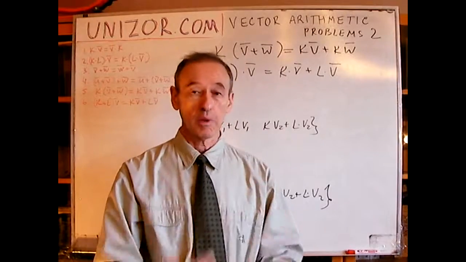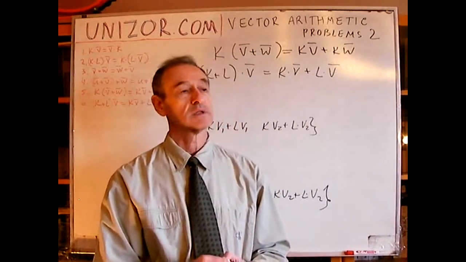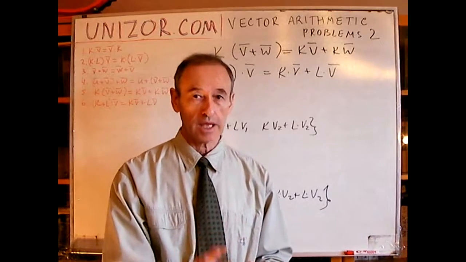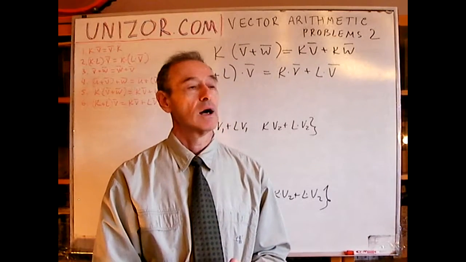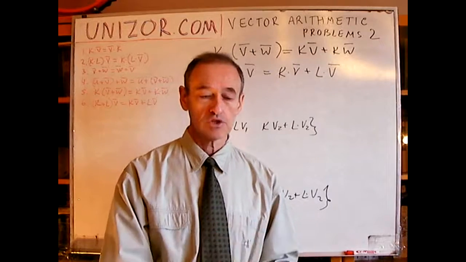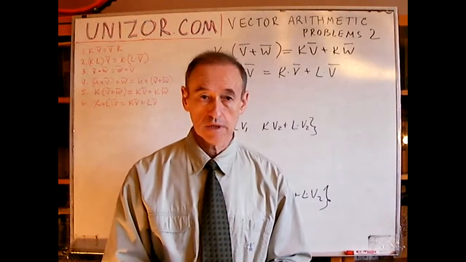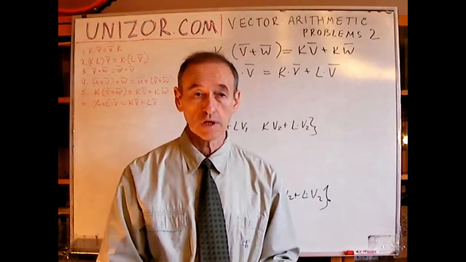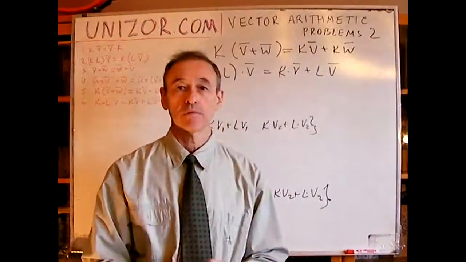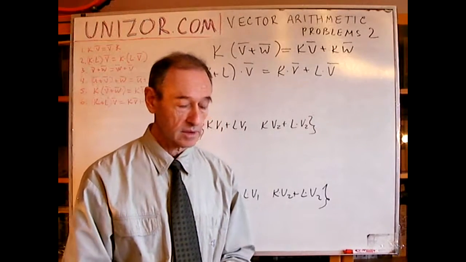It's very easy to multiply vectors by a constant, you just multiply the coordinates by whatever the constant is. And whatever laws of addition and multiplication of real numbers exist in arithmetic, exactly the same laws exist in vector arithmetic.